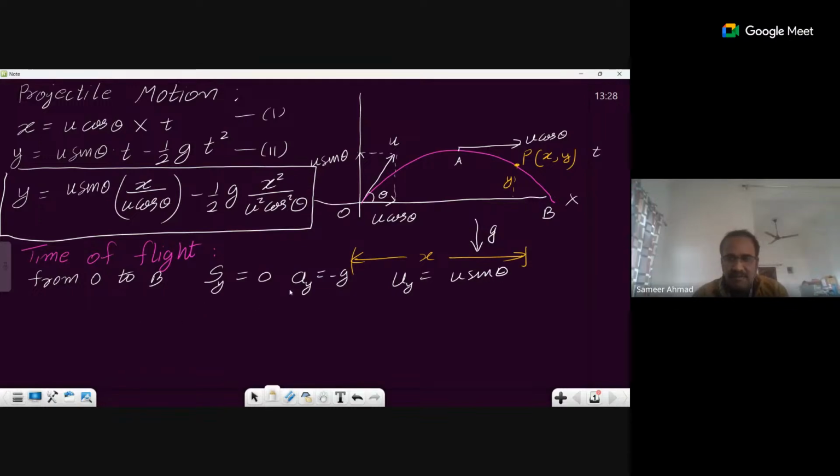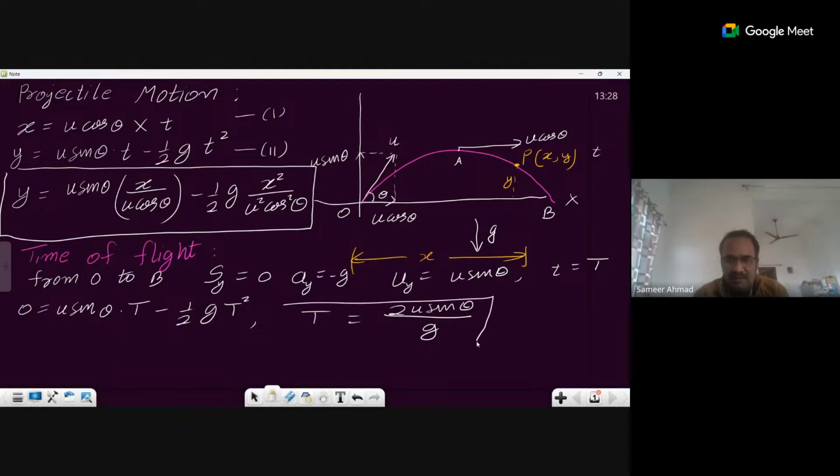Now, if the time interval is the time of flight denoted by capital T, then 0 is equal to u sine theta into capital T minus half g T square. When you solve it for T, you get the time of flight 2 u sine theta upon g. This is the equation for the time of flight.